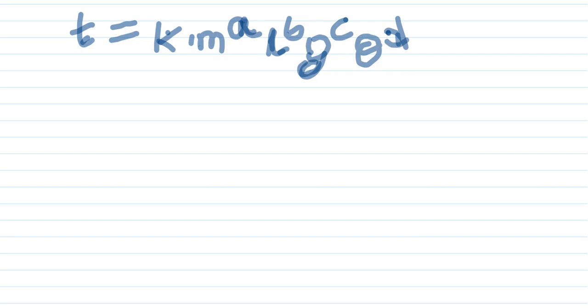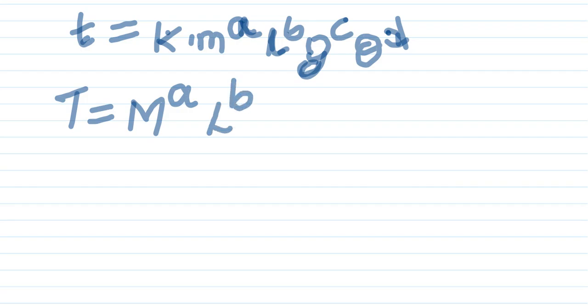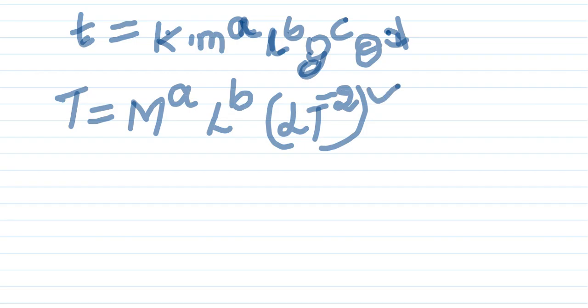The dimensional formula of T is T, the dimensional formula of m is M power a, L is length, L power b, g is acceleration due to gravity, small g. Capital G is the universal gravitational constant, small g is acceleration due to gravity.